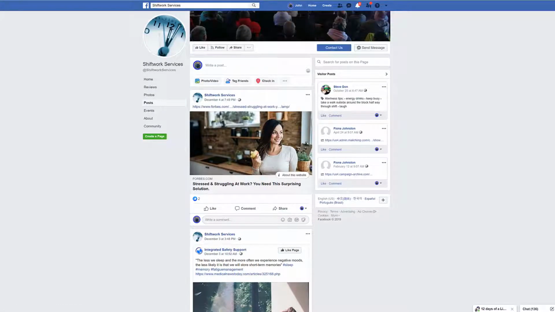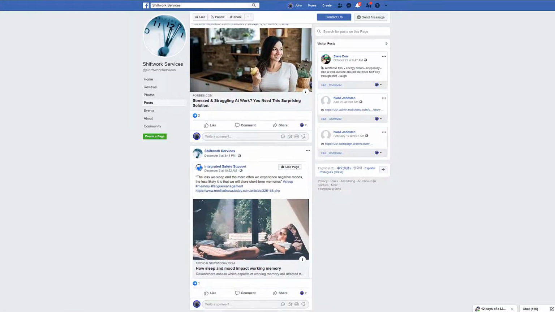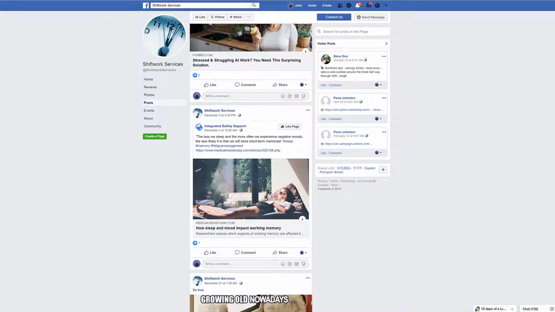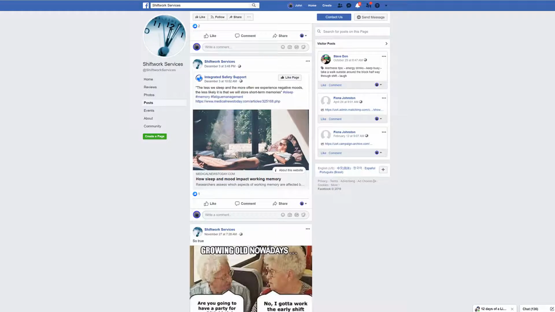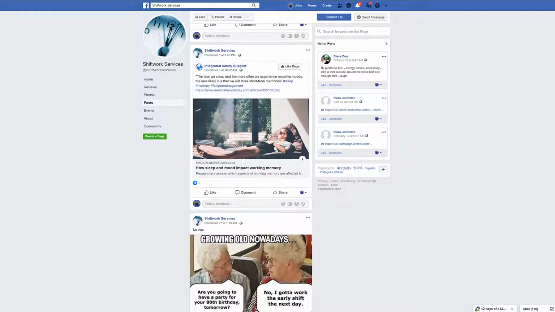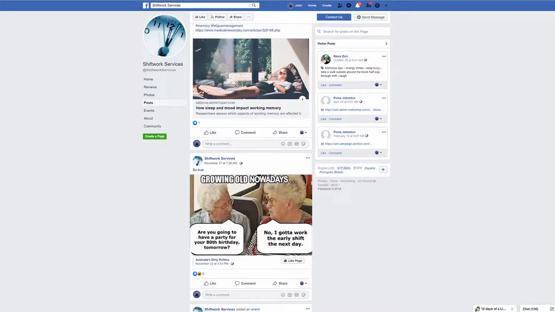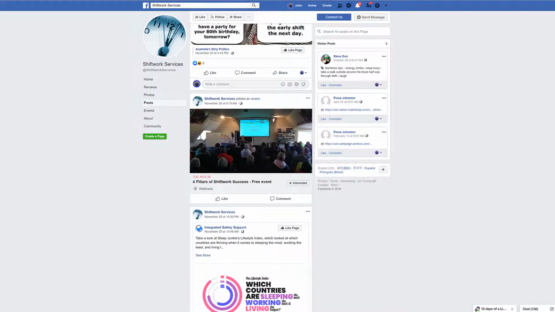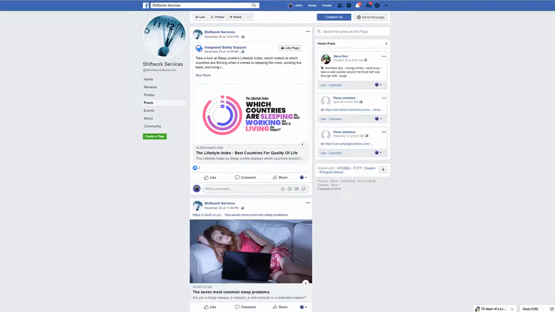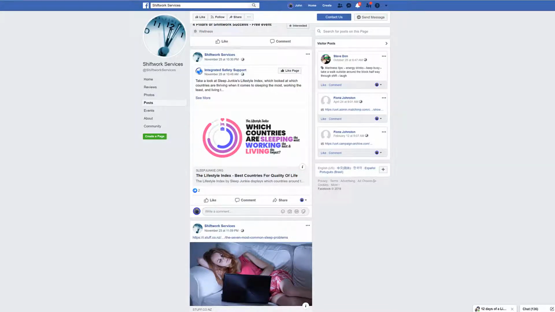That's good, you've got the right idea there. If you're going to post on LinkedIn, post the same stuff on Facebook, because people might miss it on LinkedIn and catch it on Facebook. So that's really good. But again, very little engagement, some likes here and there.